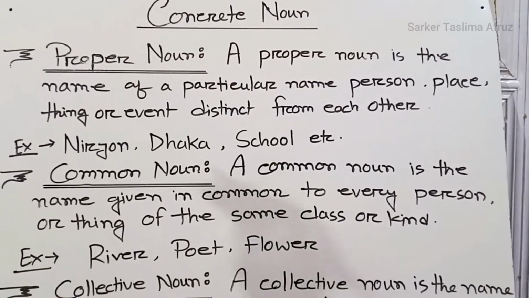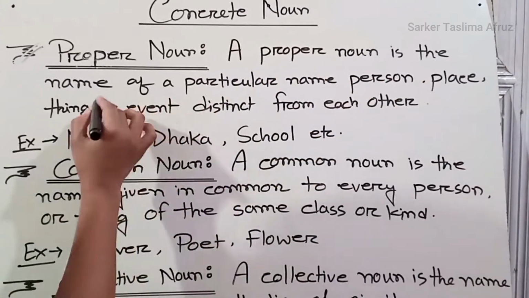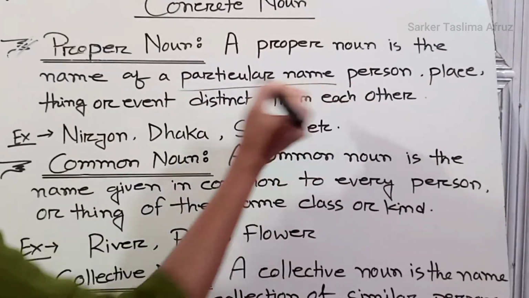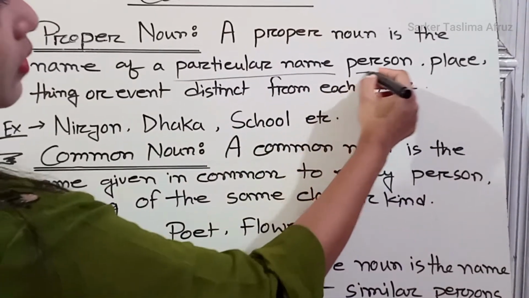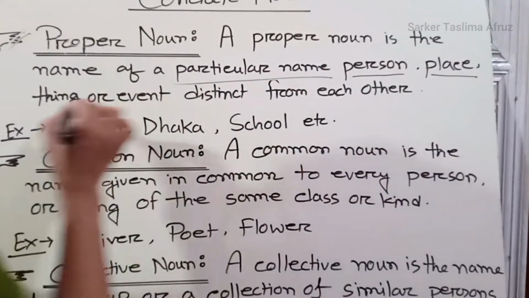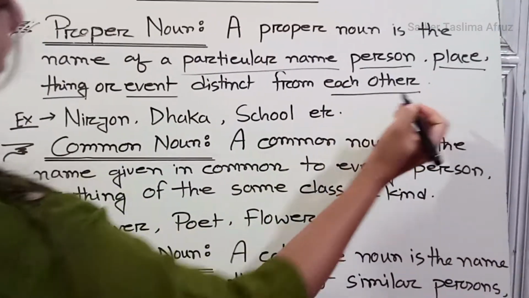So, here is a definition for you. A proper noun is the name of a particular person, place, thing, or event, distinct from each other.